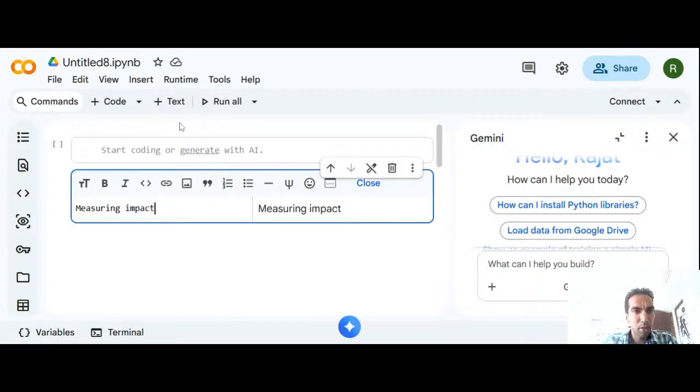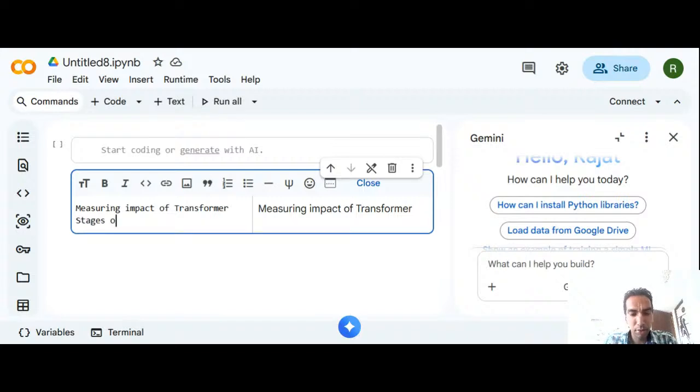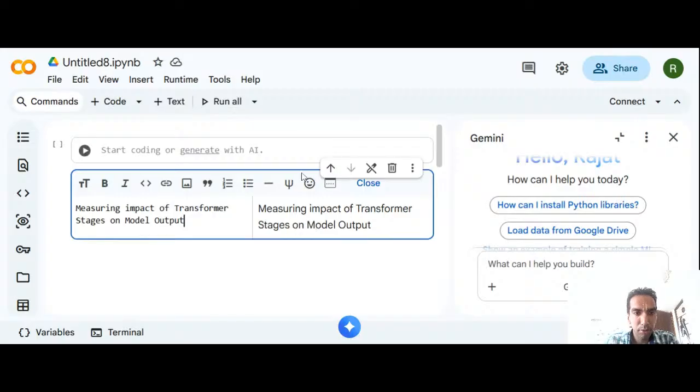Okay, I think now you will be able to see. Are you able to see the Colab now? Somebody has to answer. Yes, sir. Okay.